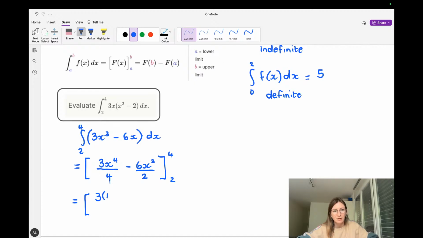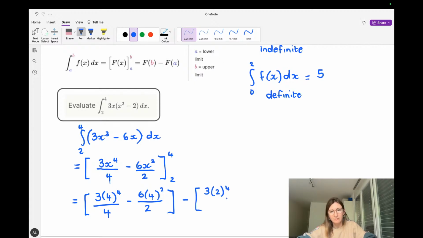3, 4 to the power 4 over 4 minus 6. We're still going with 4. So all we've done is substitute 4 for this first bracket in both places, and we're going to subtract it and then do the same, but with 2. So 2 to the power of 4 minus 6, divided by 2.